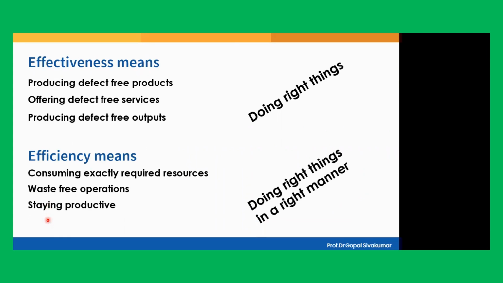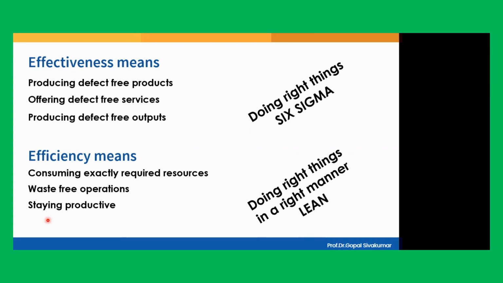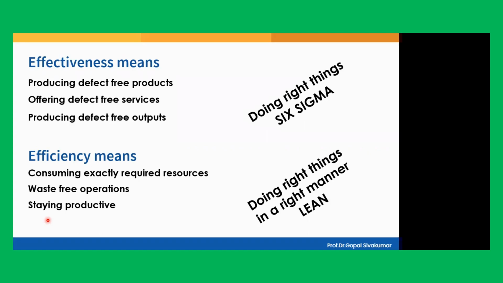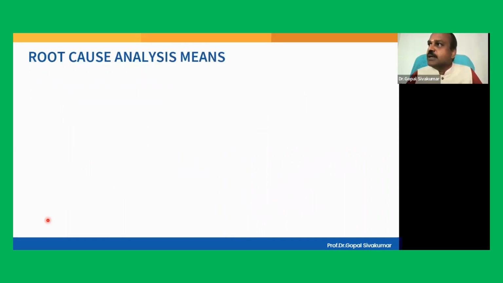That means doing the right things in the right manner is efficiency. So doing the right things is Six Sigma. Doing the right things in the right manner is Lean. Both are interconnected, like the egg and the hen. Whether the egg came first or the hen came first, we don't know. But effectiveness and efficiency are also interconnected, and both are required in any business environment.